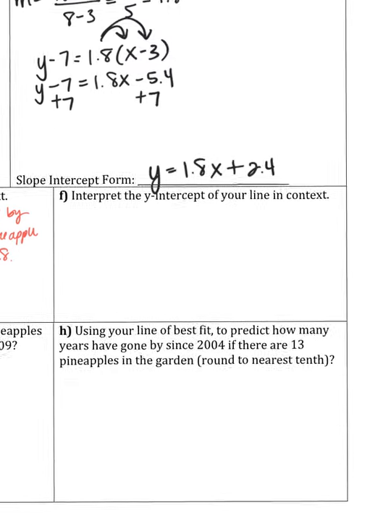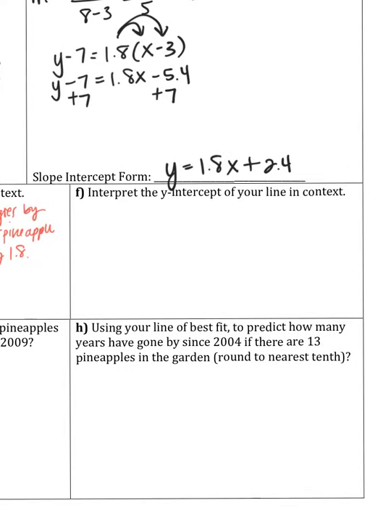All right. Letter F says interpret the y-intercept of your line in context. Our y-intercept is 0 to 0.4. So when the number of years since 2004 is 0, or x is 0, what's going on with y? I have 2.4 pineapple plants.